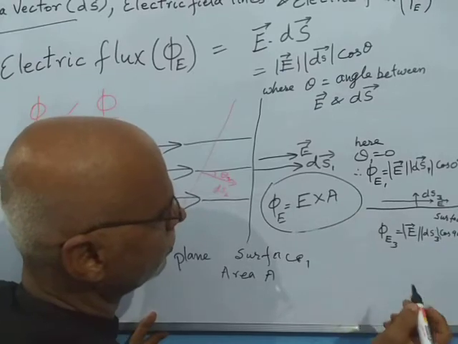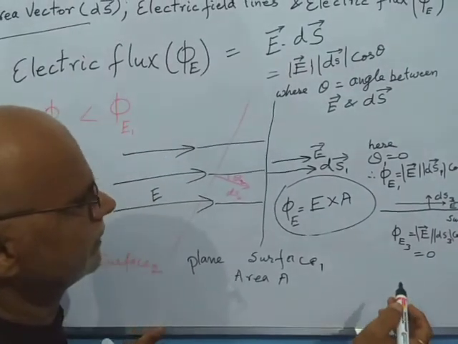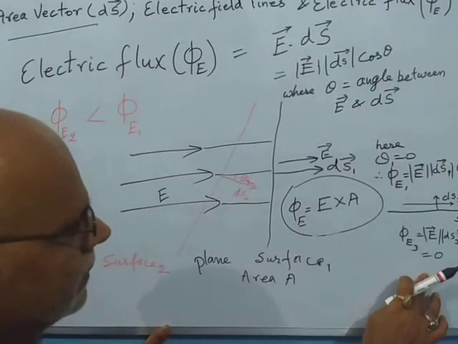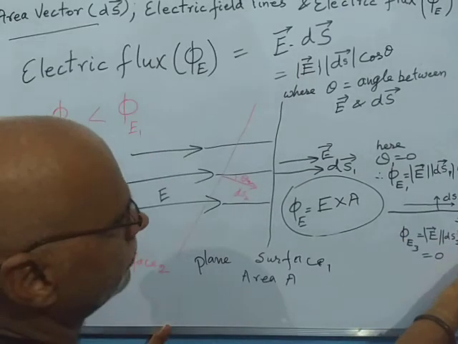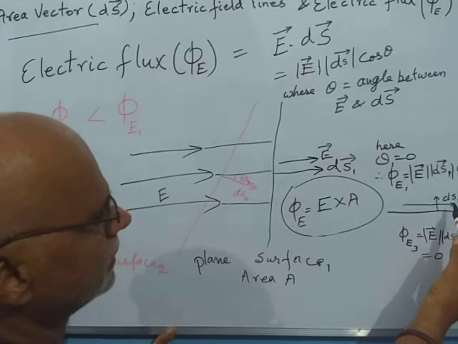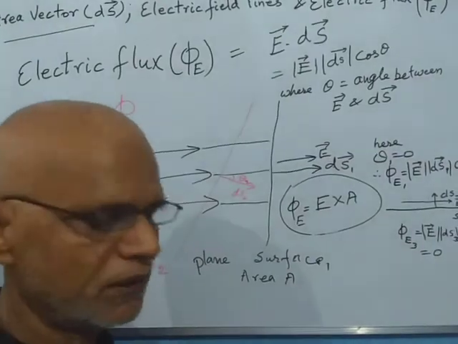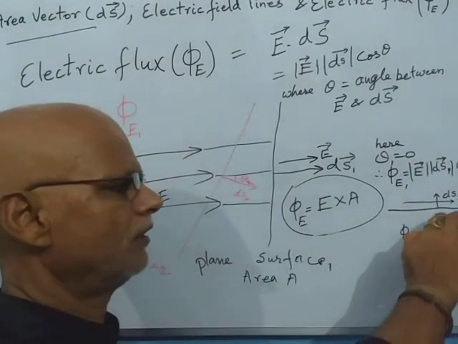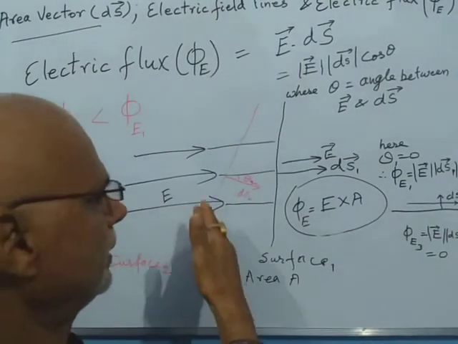And you all know that cos 90 is 0, so it becomes 0. So this is the third extreme case, that we have zero flux associated with the surface if the area vector of the surface is at 90 degrees to the electric field. Or you can also say that the plane of the surface is along the external electric field E.